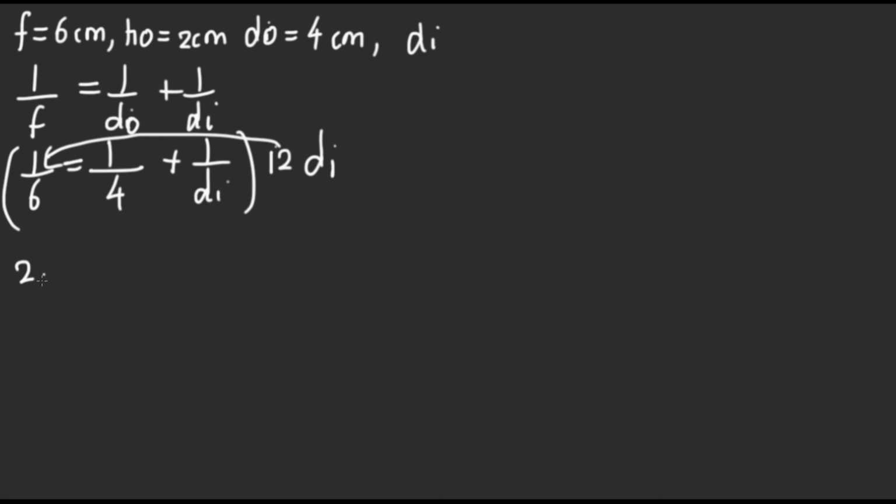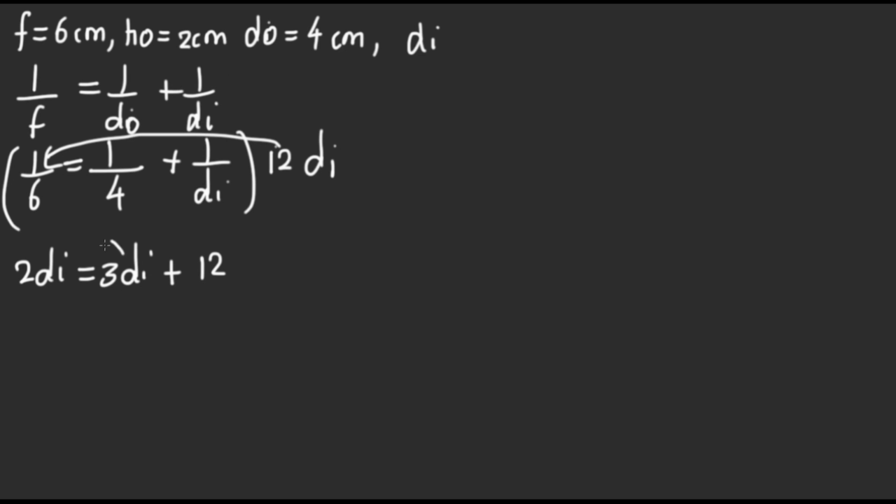So I'm going to say 2 di. Then we have the second one, 1 over 4 times 12 di, which is the same as 12 divided by 4, giving us 3 di, plus 1 over di times 12 di, where the di will cancel, giving us 12.